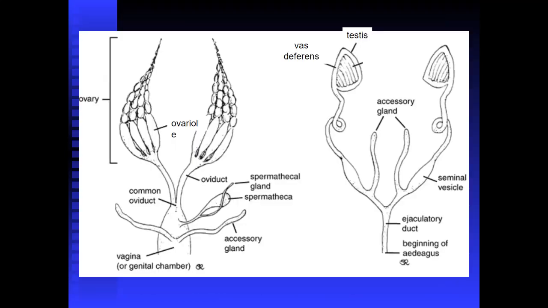I think you can see that right here. The testes, then the tube is called the vas deferens. The mature sperm will come down to the ejaculatory duct, and then out the aedeagus. And then here are the accessory glands. They're providing extra nutrients and solutions to the sperm.